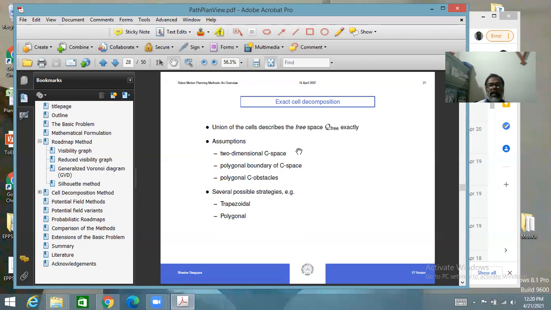And that will be possible only for very specific kinds of free spaces or C spaces. To begin with, it will be operational only in two-dimensional C space. It's not that in 3D space it is not possible, but it will have a lot of complications and you cannot work out a proper formulation. So for every new 3D region, you have to start afresh.